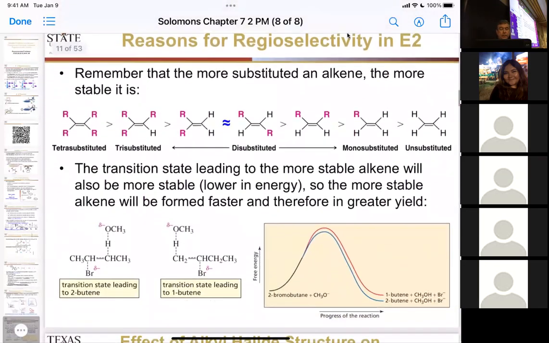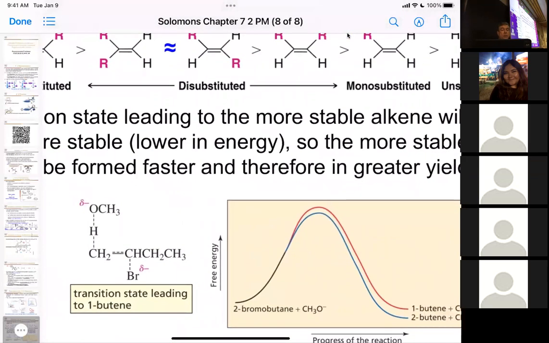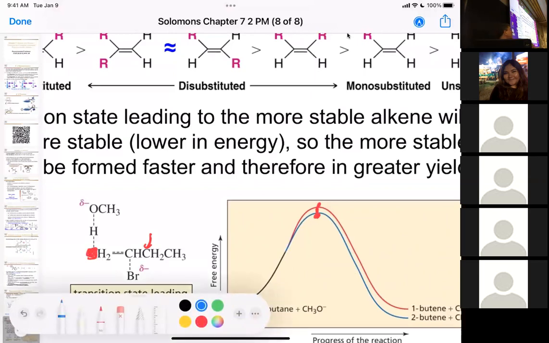Okay, so let's look at that transition state. There's not a big difference in energy between those two transition states, but it goes toward what is the nature of this carbon. The more substituted the carbon is, the more stable that transition state is going to be. And notice that there's not a big difference between them. So the one on the bottom here, does it go faster or slower than the one on top?